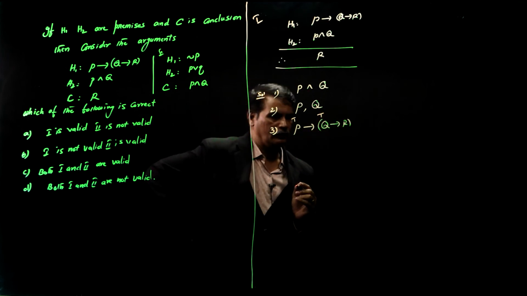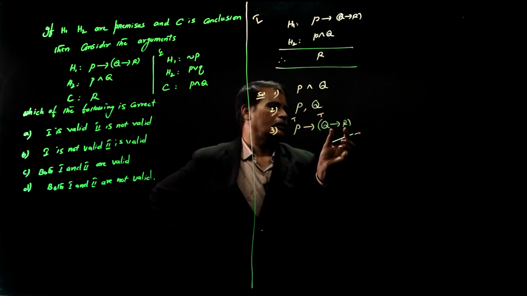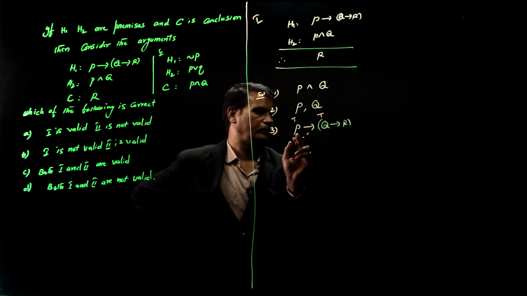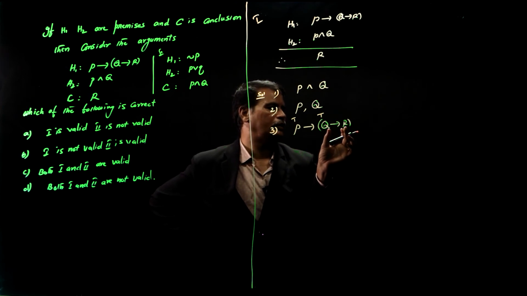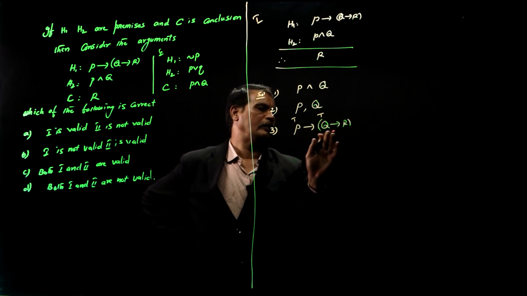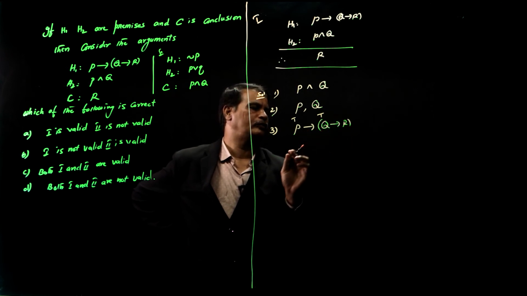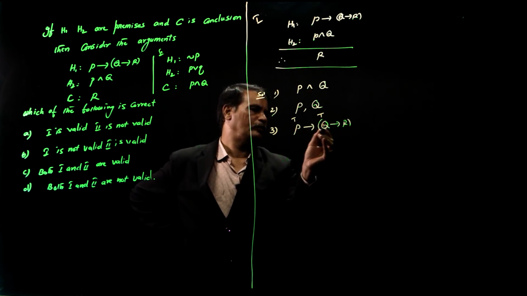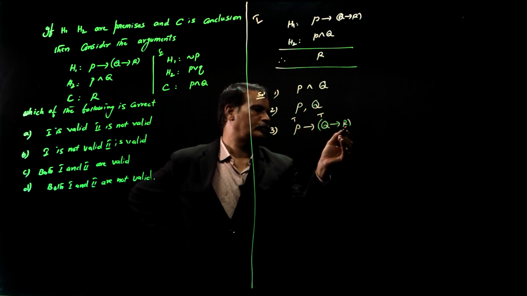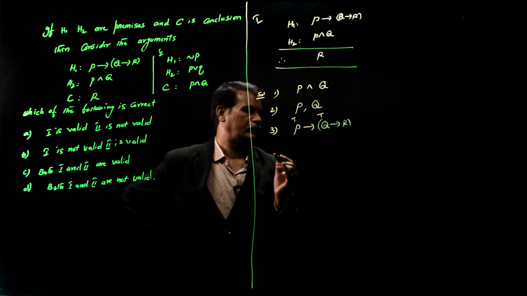Okay. Now you see, P implies (Q implies R). When P implies Q is true, if P is true and Q is false, then it fails. If P is true, Q should be true, then only it holds.